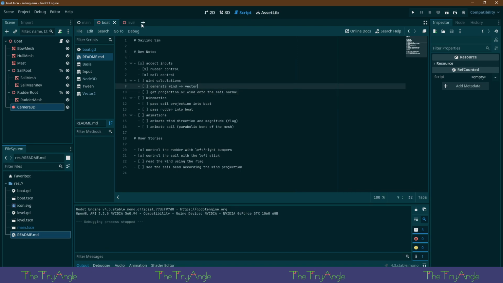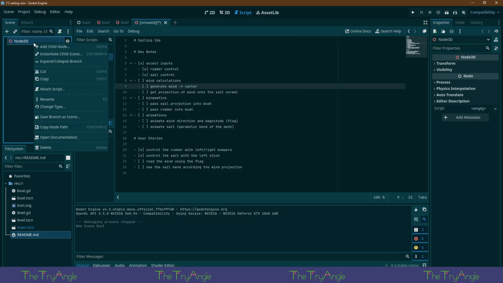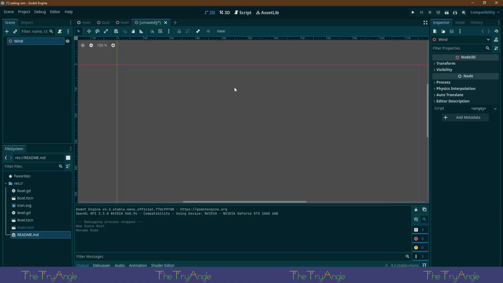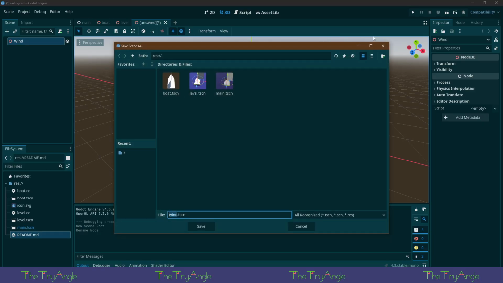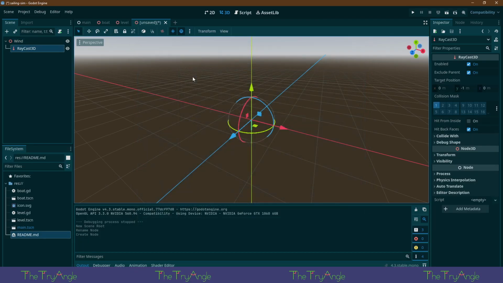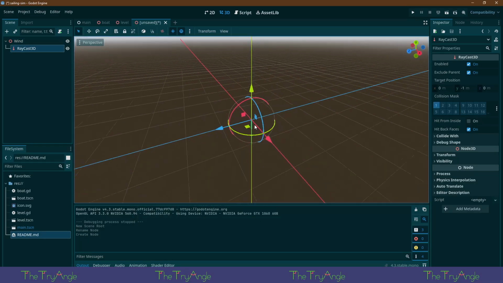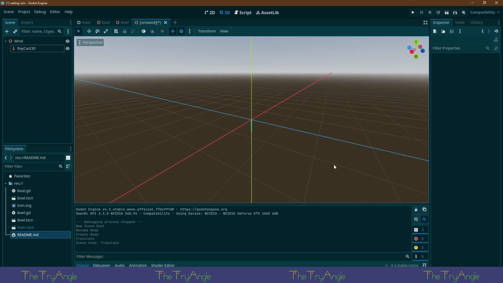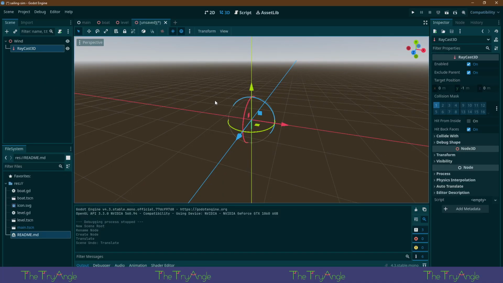Okay. So let's get something in here. Let's call it wind. And for that, let's see here. You can do a visual raycast, can't you? Oh, there it is. It's hard to see.